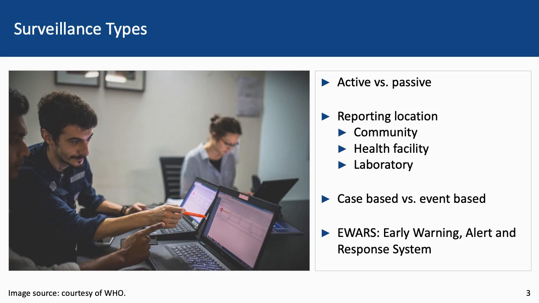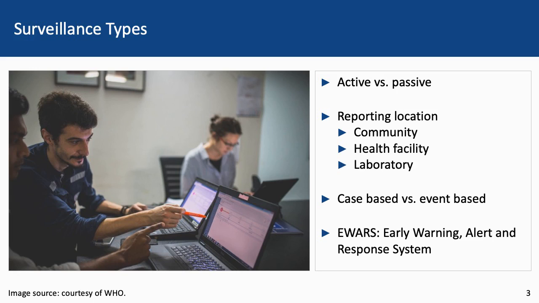Passive surveillance, on the other hand, is where the surveillance staff wait for individuals with a disease of interest to come to them. An example of passive surveillance might be counting those with fever and a rash coming to the health clinic for care. Surveillance activities may be based in different reporting locations or a combination thereof, such as the community, health facility, or laboratory.